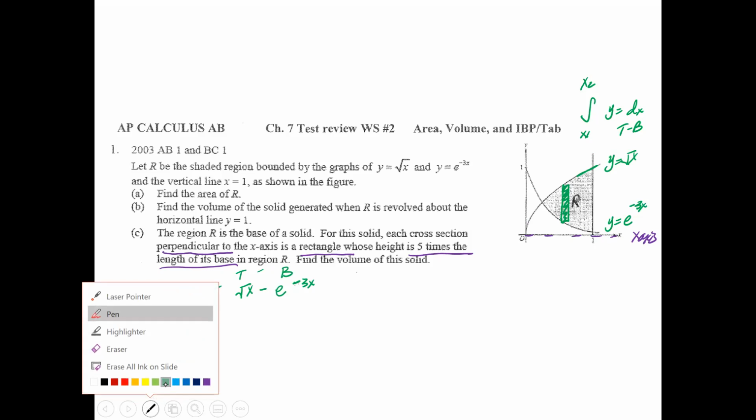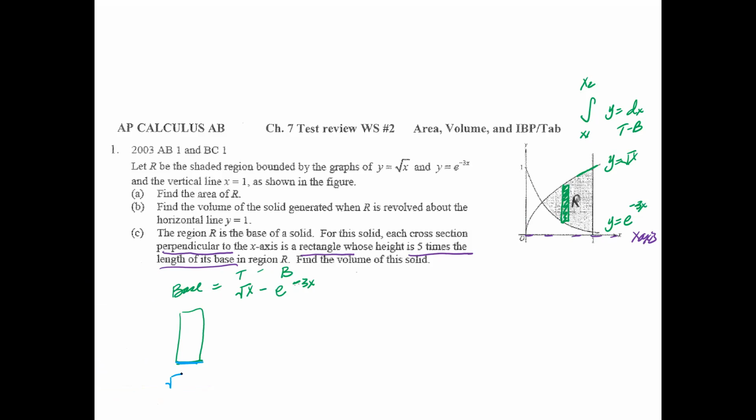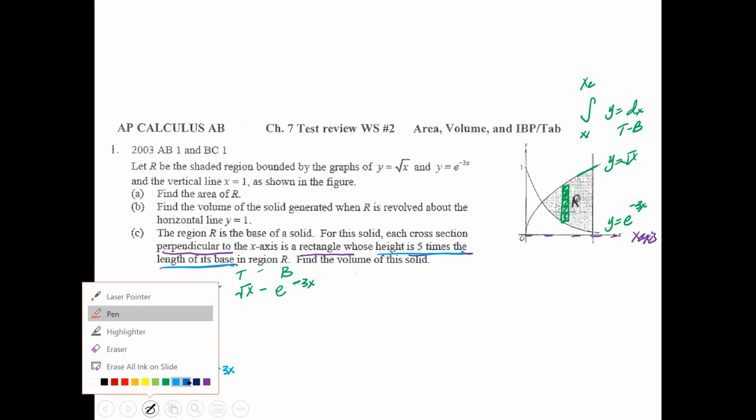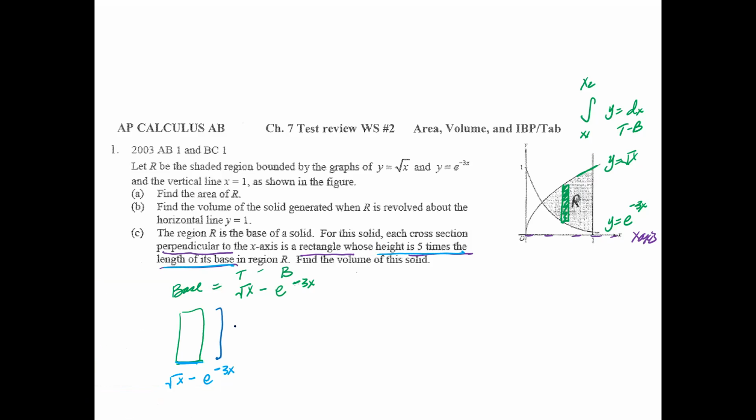That's your base, which also means that the base for this rectangle is going to be square root of x minus e to the negative 3x. Whose height is 5 times the length of its base. So with that hint, you know that the height right here is going to be 5 times square root of x minus e to the negative 3x.